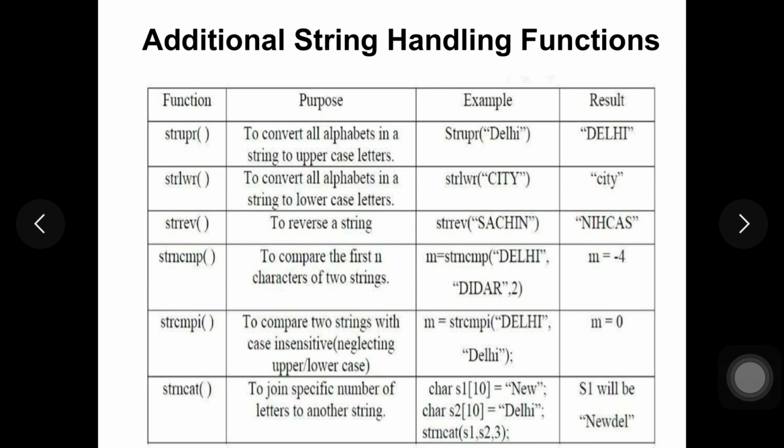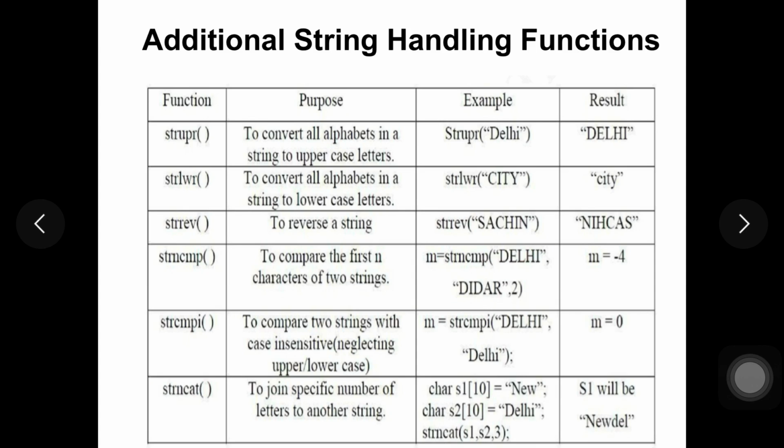Next E and I are compared, and both are not the same, so you get a negative or positive value. You have got -4 as the result. So only two characters are compared here. If I specify 3 here, then DEL and DID are compared with each other.